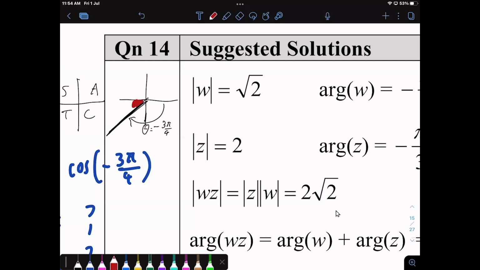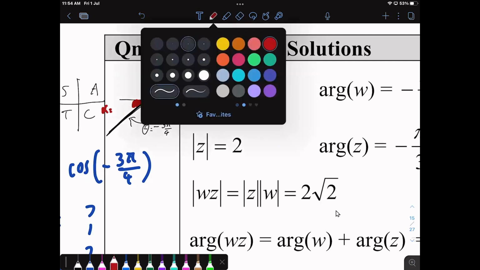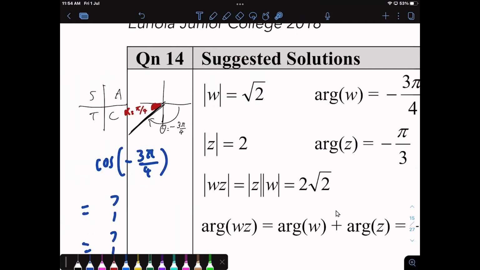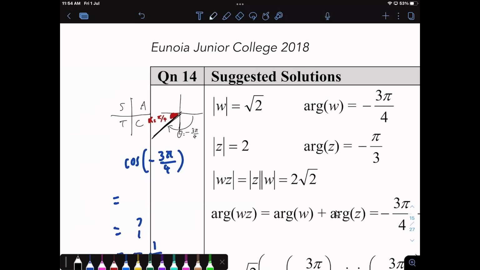What's the angle? Pi by 4. Right? The basic angle, your alpha, is always positive. Let me use a smaller font size. Pi by 4, close enough. So this is really just cosine of pi by 4. Correct or not?